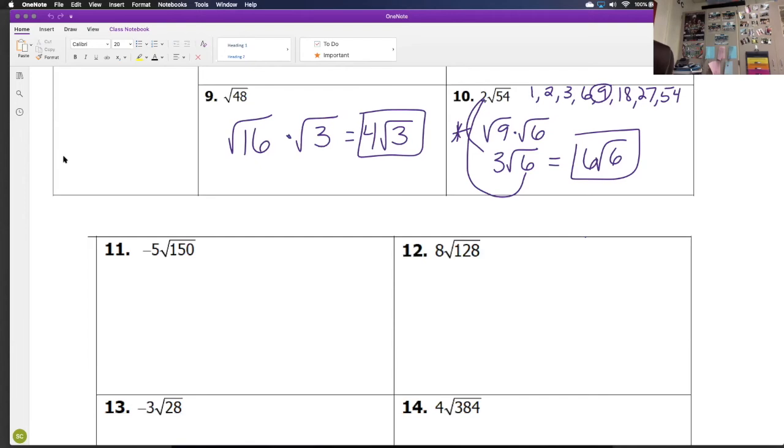Did you simplify 28? Do that first. Simplify the square root of 28 first, and then we'll talk about what to do with that -3.